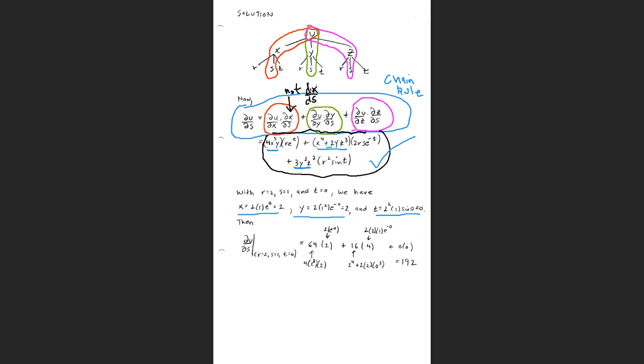So x is 2, y is 2, z is 0. And so how do I get 64 here?